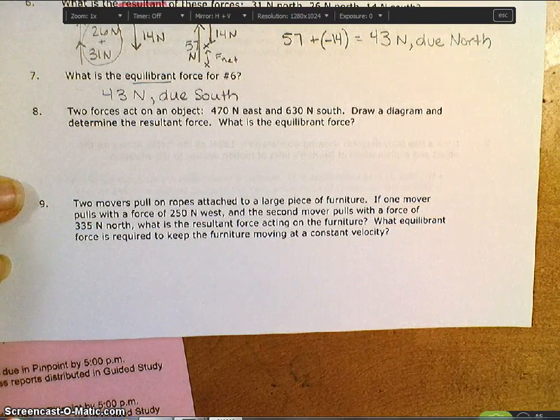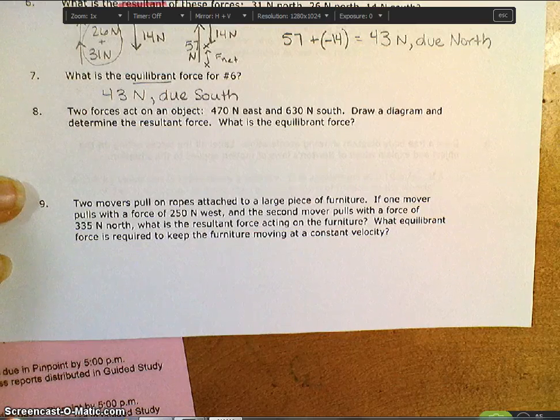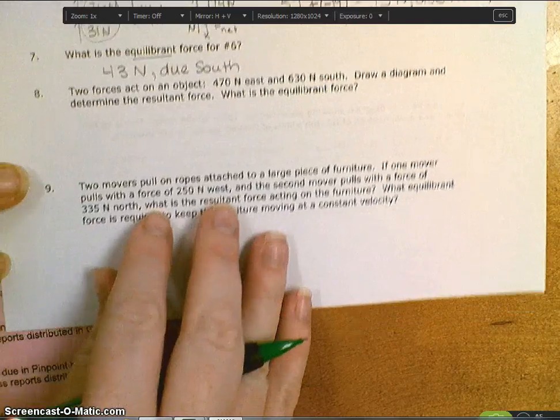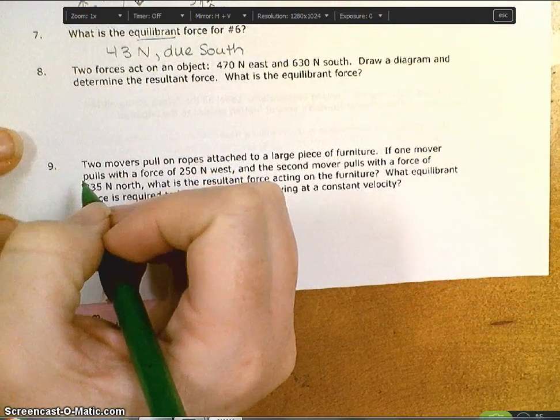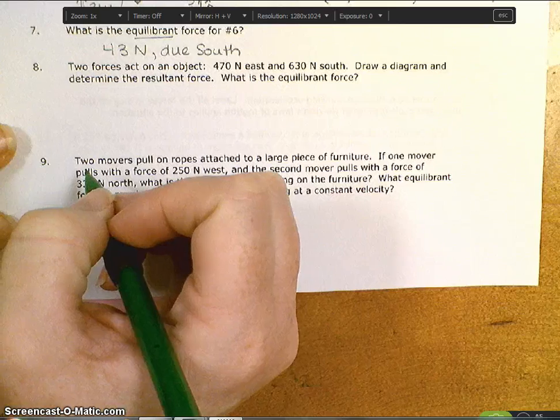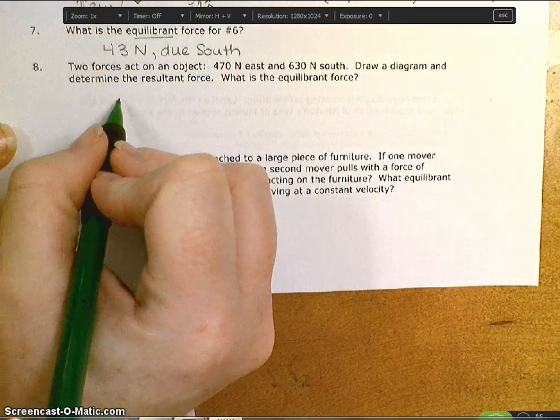Okay. Problem 8. Now we're going to make things a little trickier by having a right angle. 2 forces act on an object, 470 newtons east.